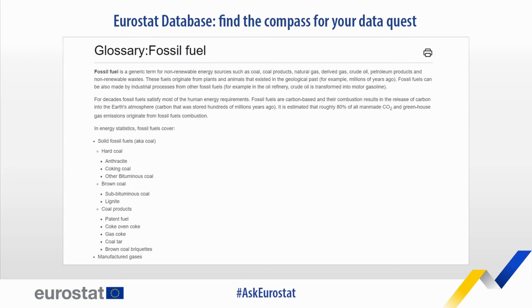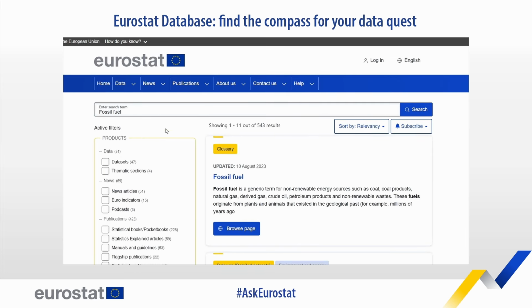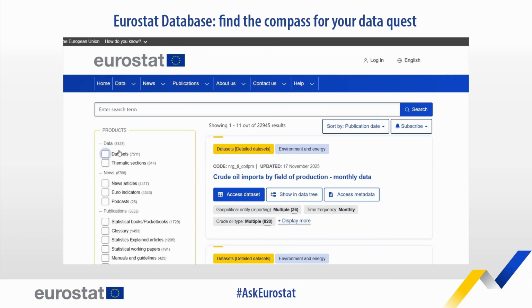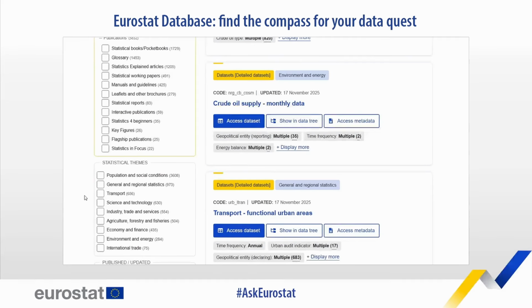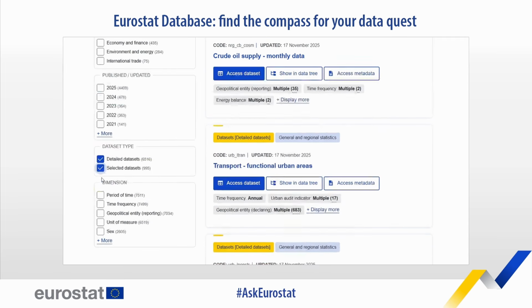Now, when the goal is to find data, the first and most important step is to narrow down your results. To do that, you can select the filter Dataset, which limits your search exclusively to datasets and tables. You can also specify whether you want to see complete datasets or predefined tables.